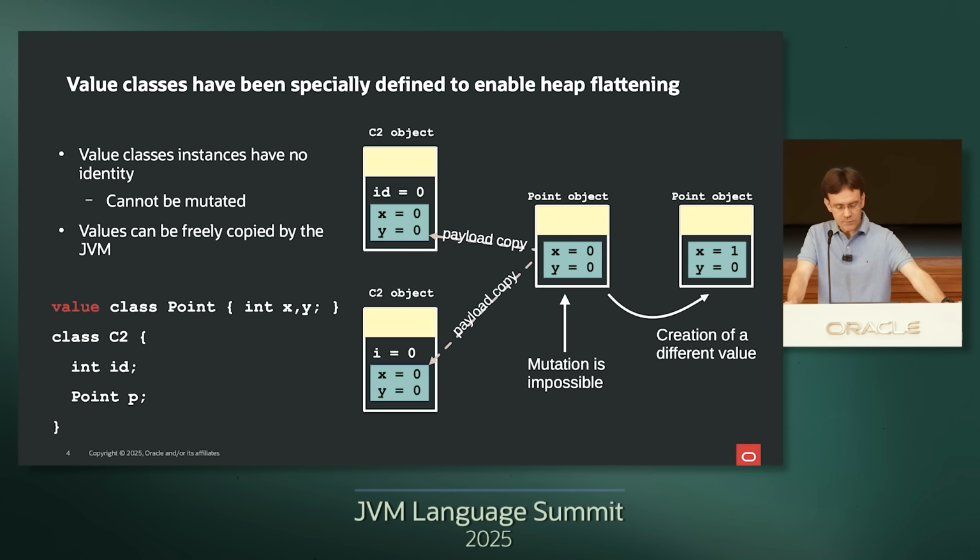Taking the example of the previous slide and just changing the definition of class Point to be a value class, we can see that with heap flattening, we can copy the content in many objects. And if the application needs a new point with a different content, it cannot mutate the original object. It has to create a completely new value.